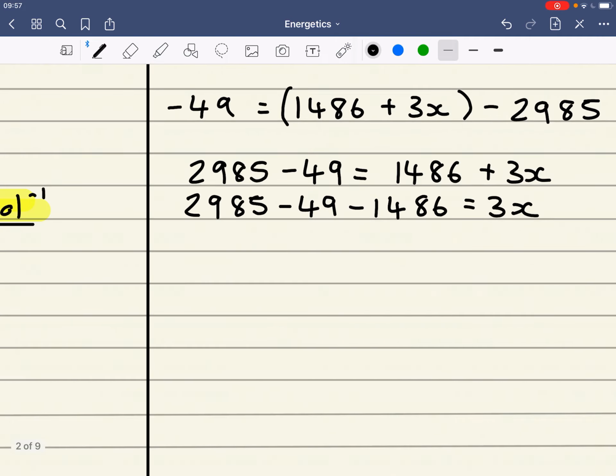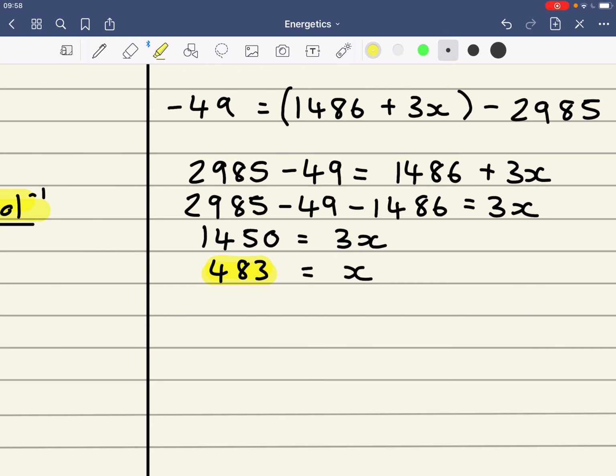When you do that sum, you get 1450 is equal to 3x, and therefore x is equal to 483, and that there is your answer.